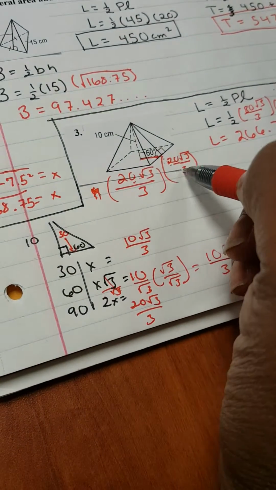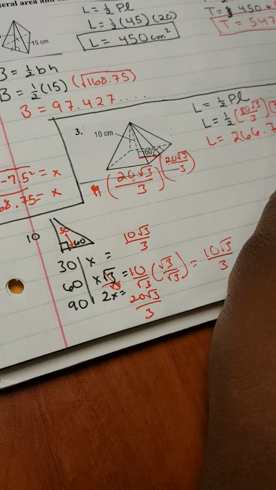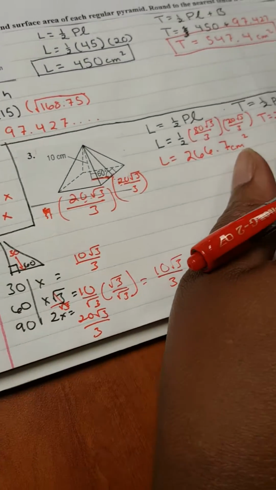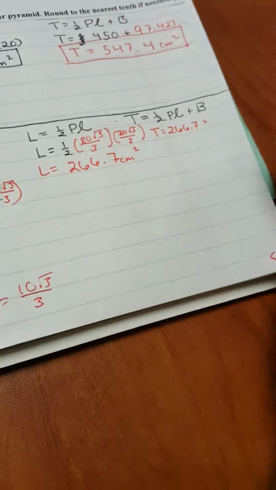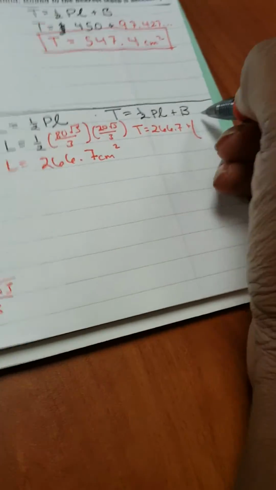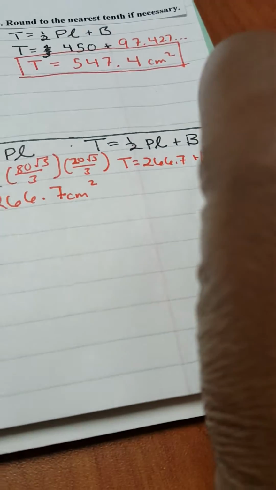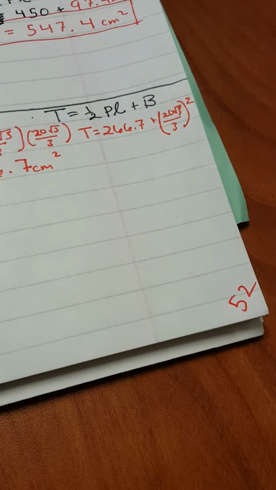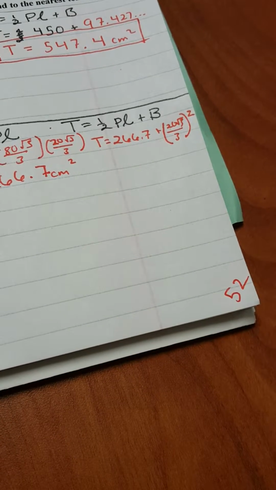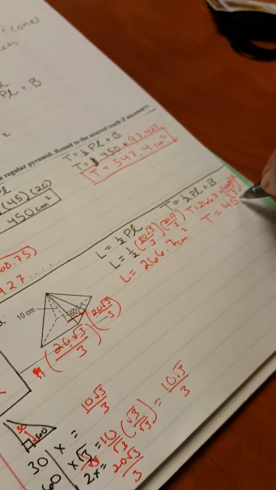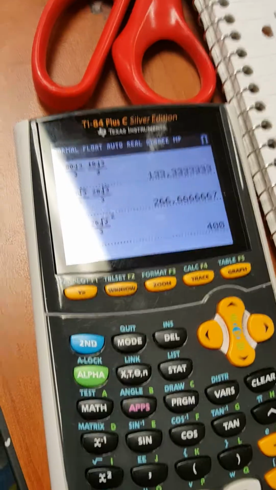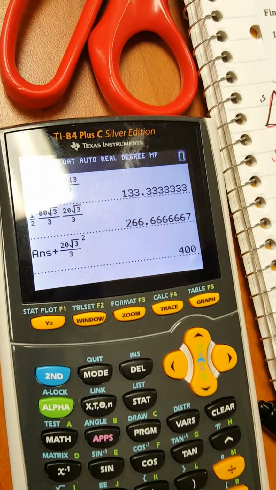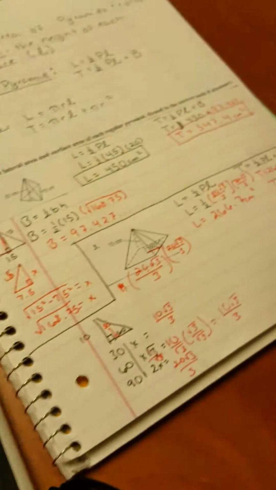So that's why you're multiplying those two things. So the way I'm going to write it over here is 20 square root of 3 over 3 squared. So put that in the calculator and see what you get. You should get 400 centimeters squared.